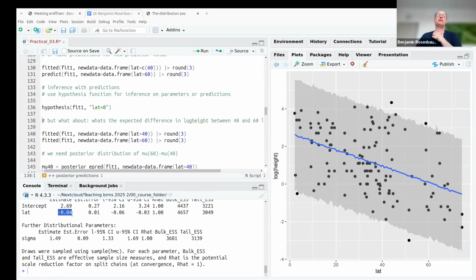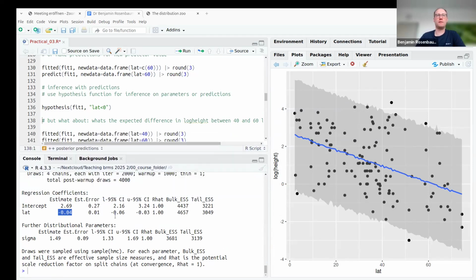So the mean estimate for slope is minus 0.04. And we have some 95% quantiles, which are between minus 0.06 and minus 0.03. So the whole distribution, all the quantiles are smaller than 0.